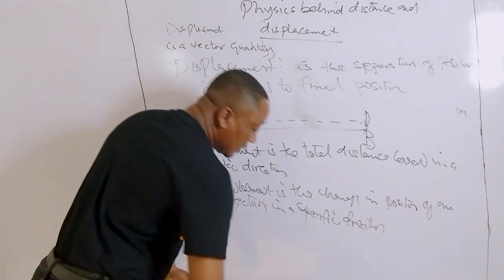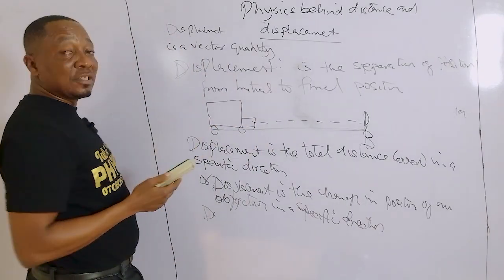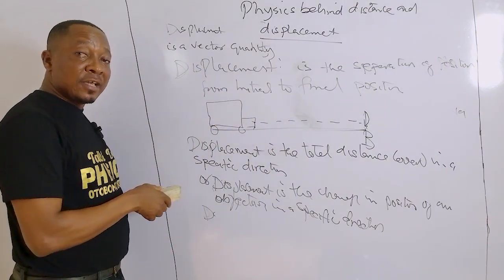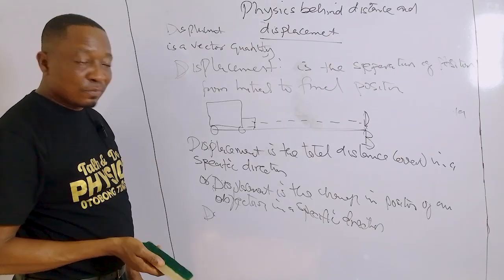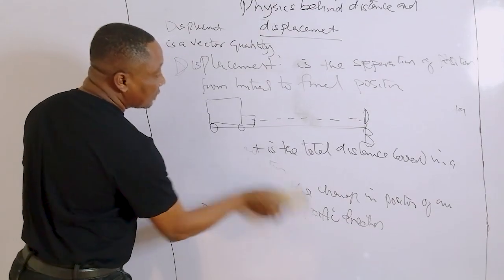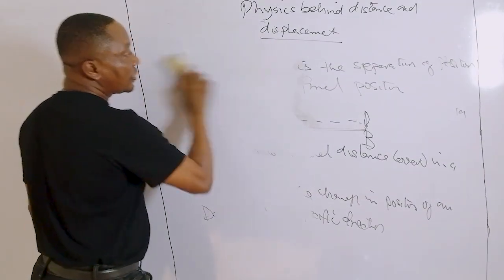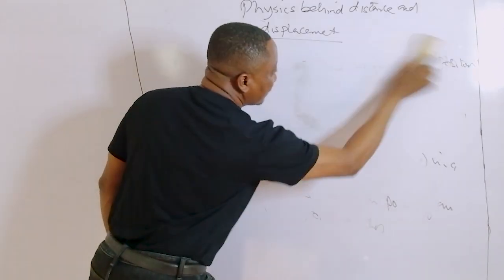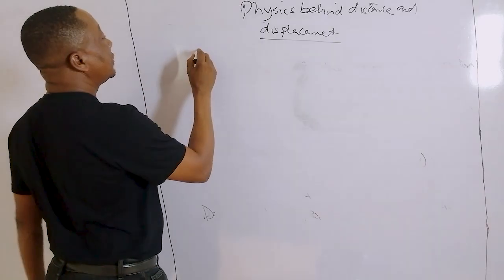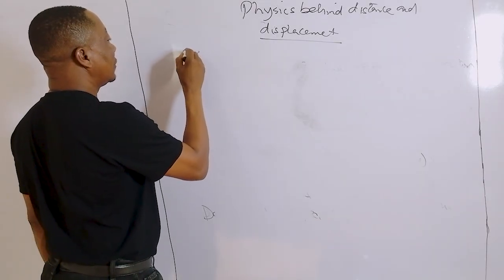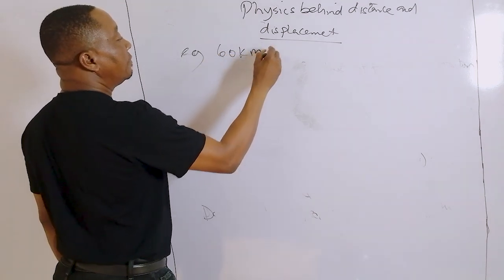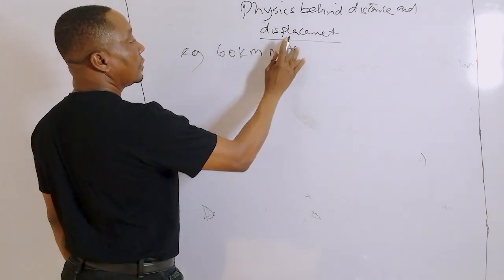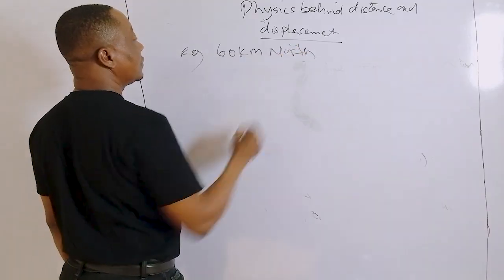So as you can see, we have been able to define displacement and also illustrate how we can get displacement. So we are going to check the calculations on displacement. For instance, we have an example: 60 kilometer due north. 60 kilometer due north.